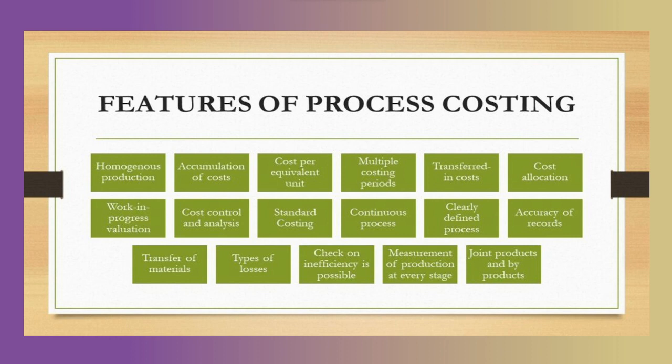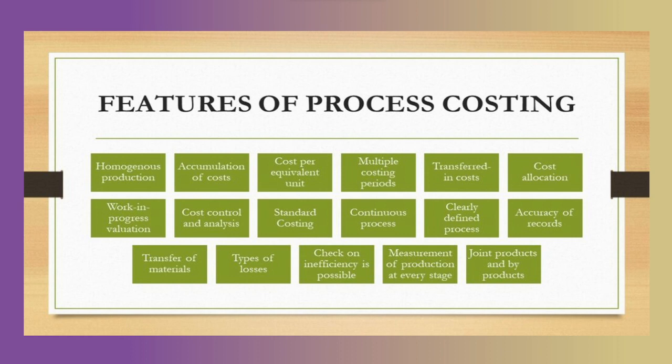Few important features are: the plant is divided into a number of processes, and they may have different departments for each function of manufacturing a particular process. That is one of the special features of process costing.